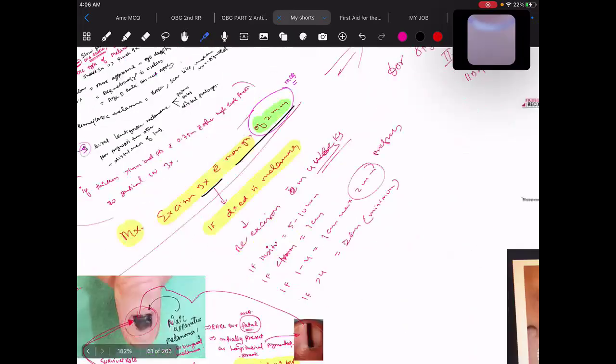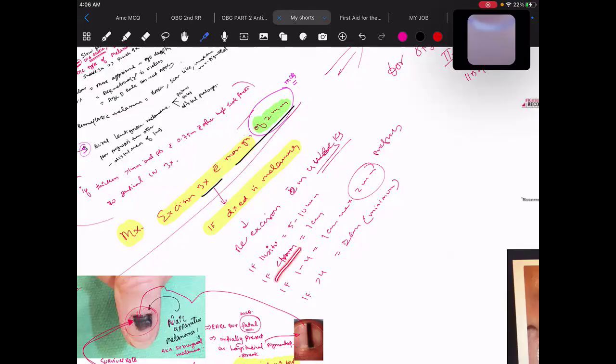Remember again, first for the melanoma, we go for the excisional biopsy with the margin of 2 mm. If it is diagnosed as a melanoma, we do the re-excision within 4 weeks. If the initial biopsy was still in situ, we extend the excision to 5 to 10 mm.